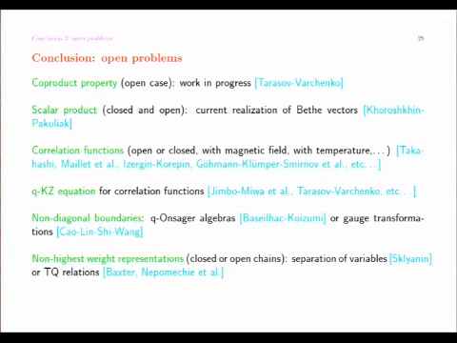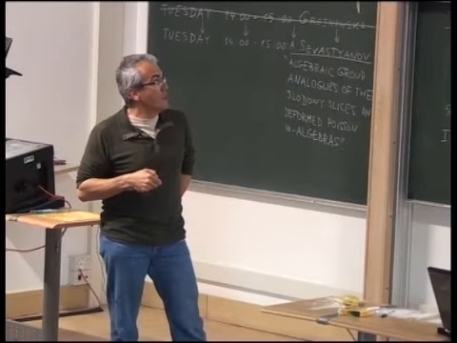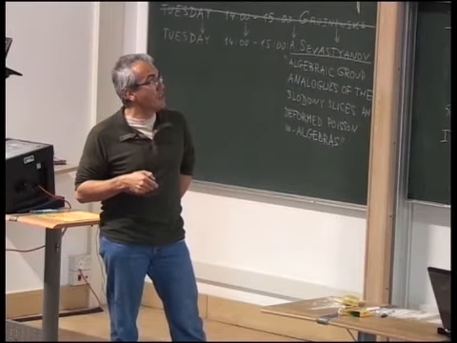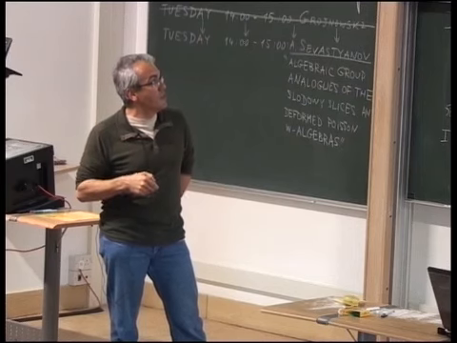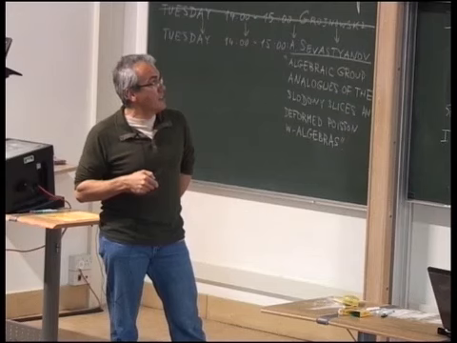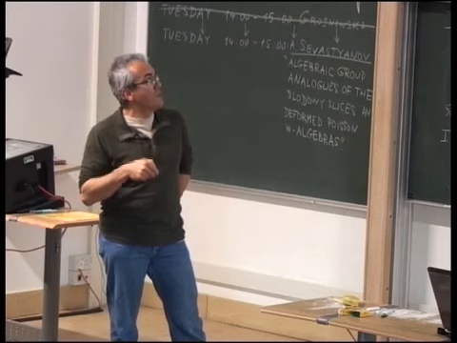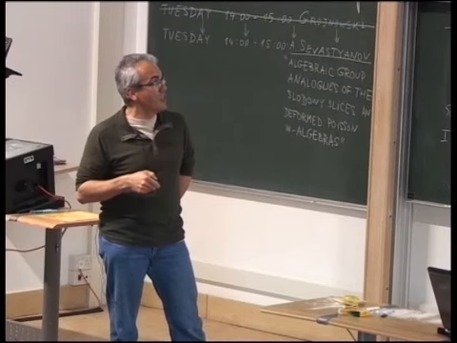This maybe will be easier, or surely will be easier, to do using the current realization, as it has been done by Khoroshkin and Pakuliak, at least for the closed case. For the open case, nothing is known. And then we aim at computing correlation functions, as most of these people have done, and the qKZ equations that appear when you want to compute the correlation functions.